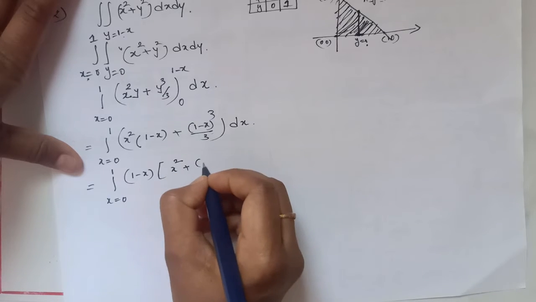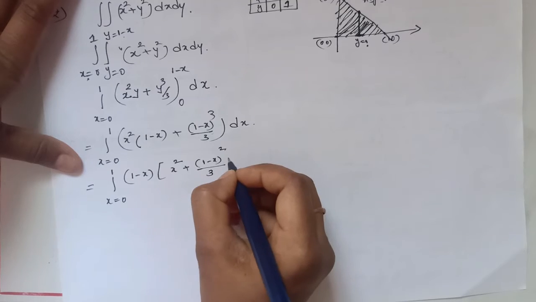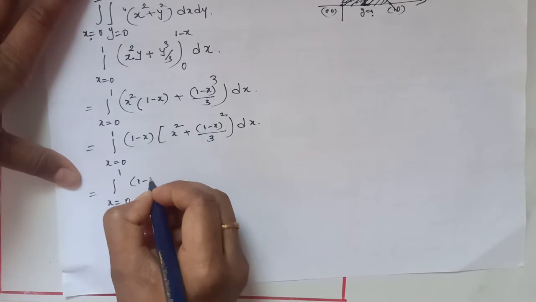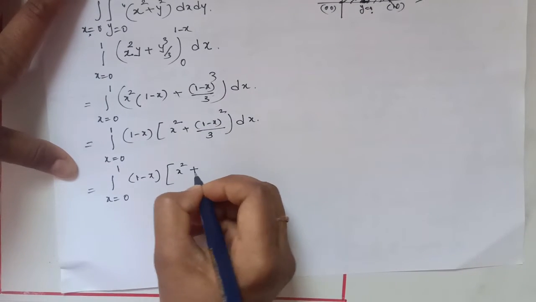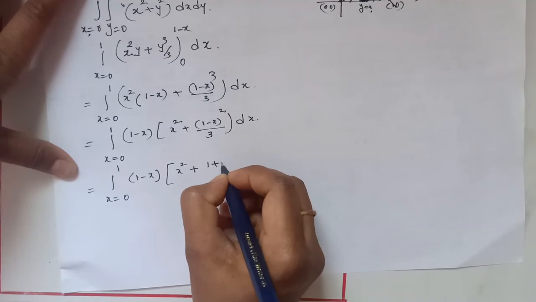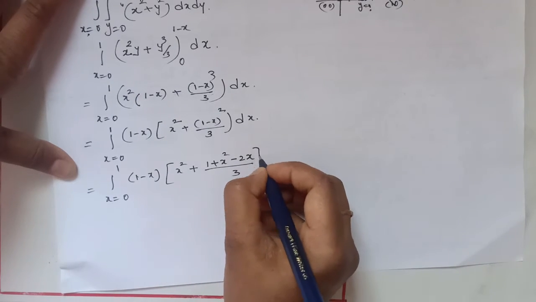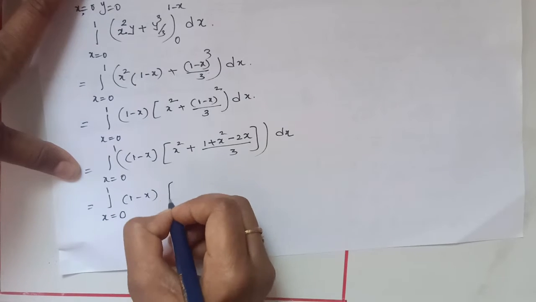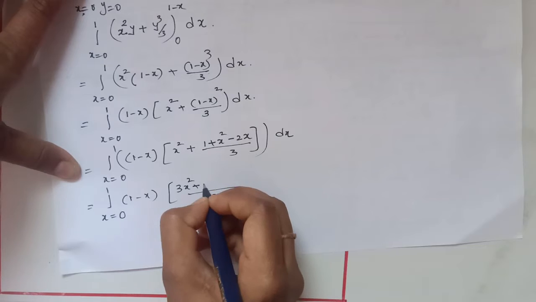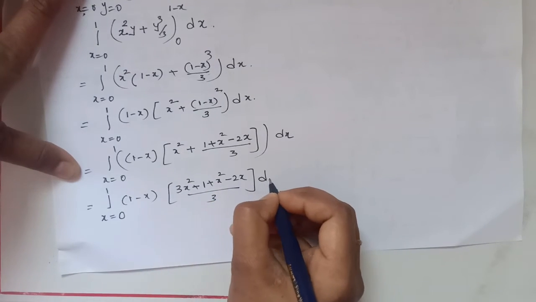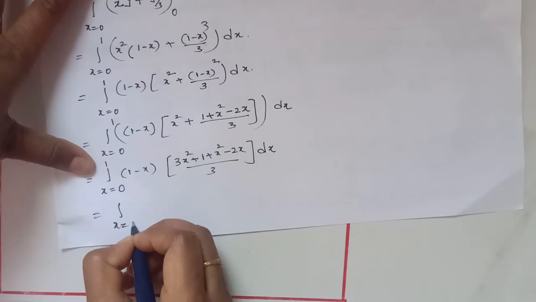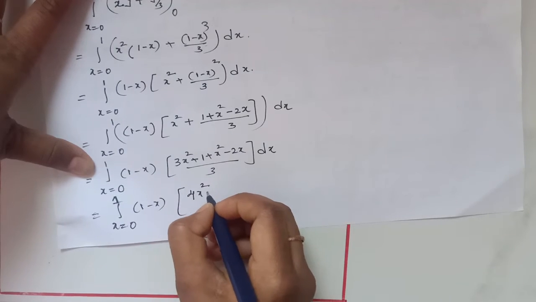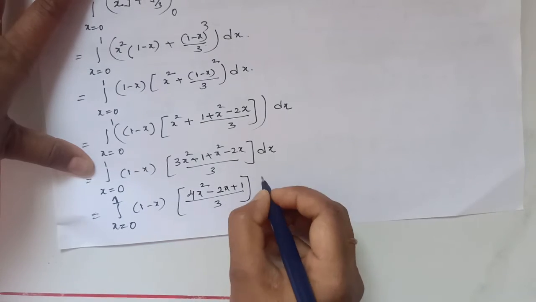We get (1 minus x) times x square plus (1 minus x) whole square by 3, dx. Using (a minus b) whole square equals a square plus b square minus 2ab, this is the integral of (1 minus x) times (3x square plus 1 plus x square minus 2x) by 3 dx, which is (1 minus x) times (4x square minus 2x plus 1) by 3 dx.